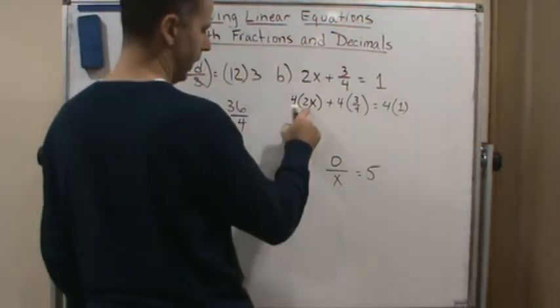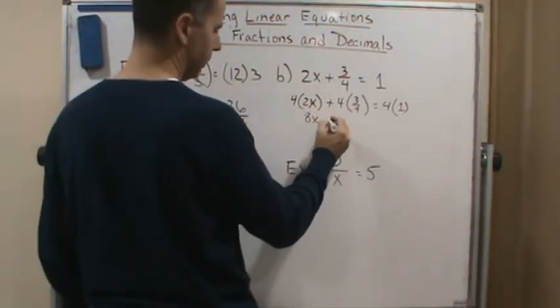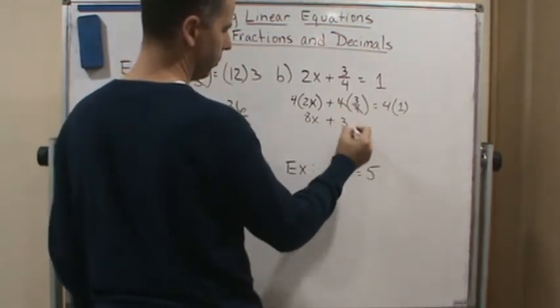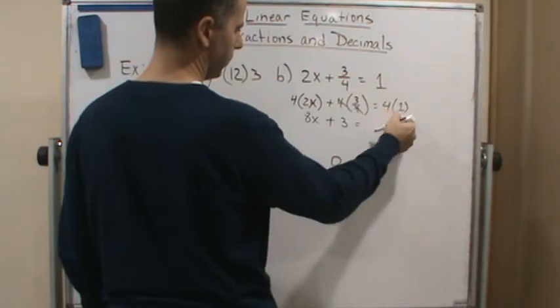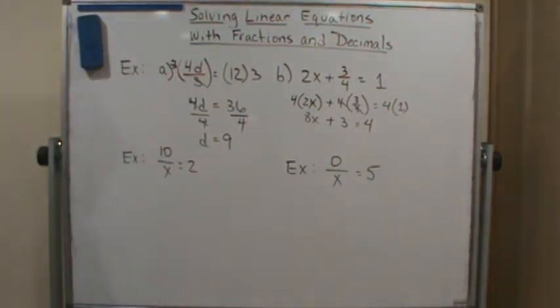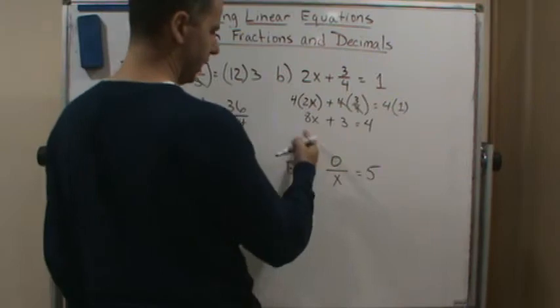And so I get 8x, plus, well, 4 divided by 4 gives me 1, so I end up with 3. And then 4 times 1 is 4. Now I've got the equation with no fractions, and now I can solve.